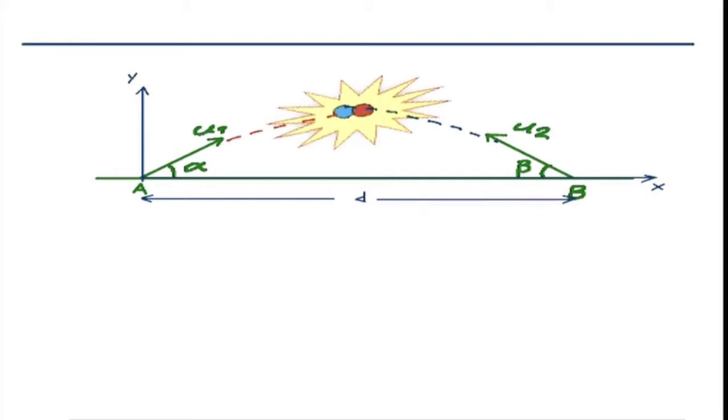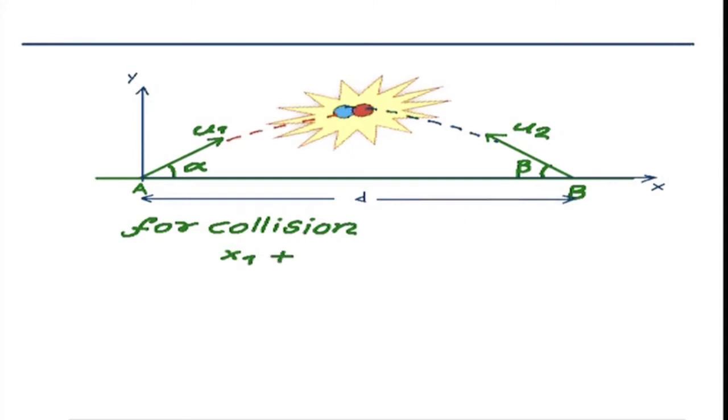Now we can easily say that for collision, x1, position of the projectile number 1 at some time t. So for collision, relative displacement of both the projectiles must be equal to d.